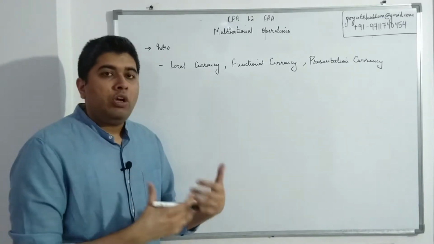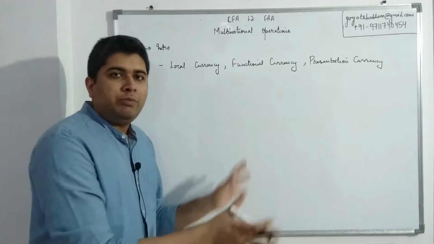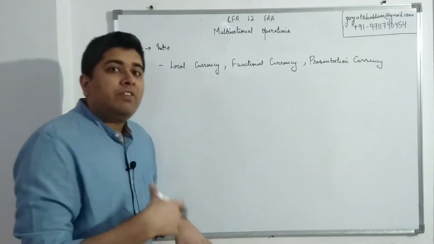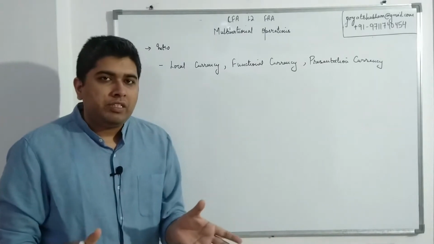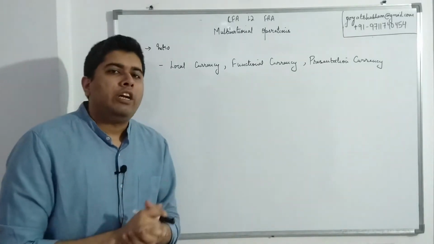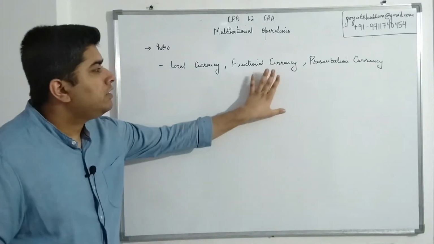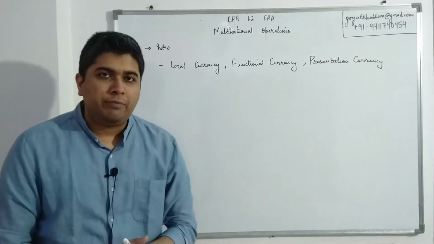So if I have an oil company based in the Middle East, yes, my local currency would be that of the Middle Eastern country, but my functional currency would actually be dollars, because all of my business dealings happen in a commodity that is trading in dollars. So you can have situations where functional currency is our core focus, and this may or may not be the same as the local currency.